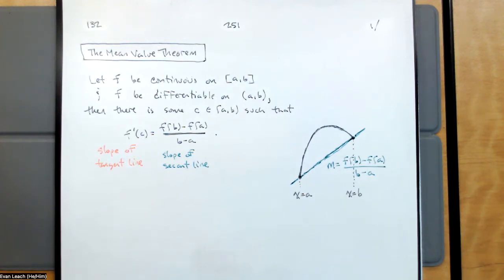And the claim is that at some point strictly between a and b, there's a tangent line that's parallel to this.